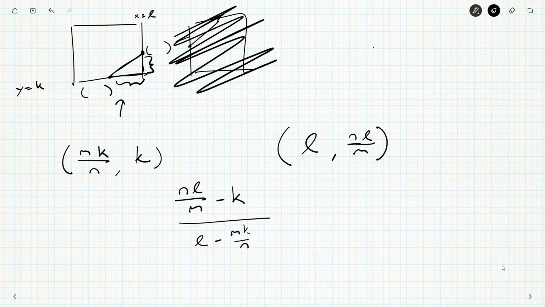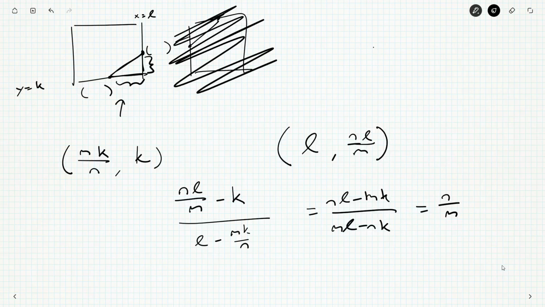Multiply top and bottom by mn, which is something I'm looking for, and I'll get nL minus mk over mL minus nk. And I know this has got to be equal to the slope of my line, n over m. And then I'll get mnL minus m squared k is equal to mnL minus n squared k.